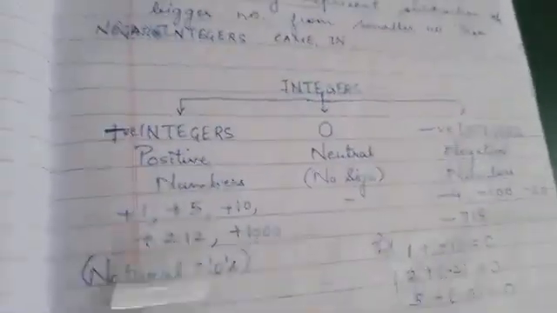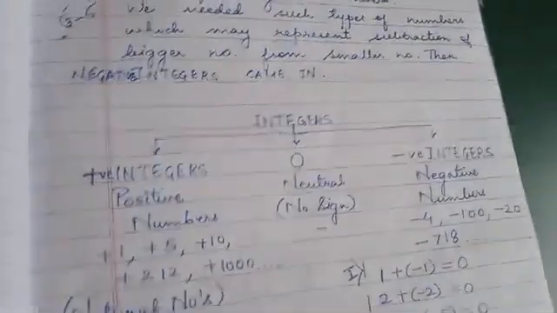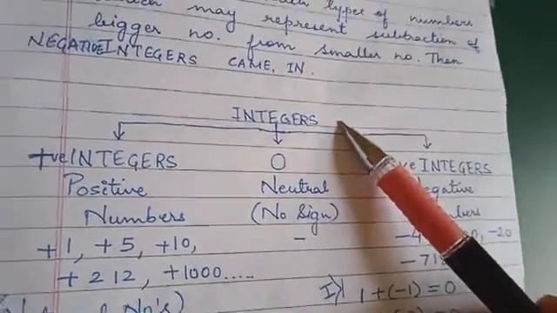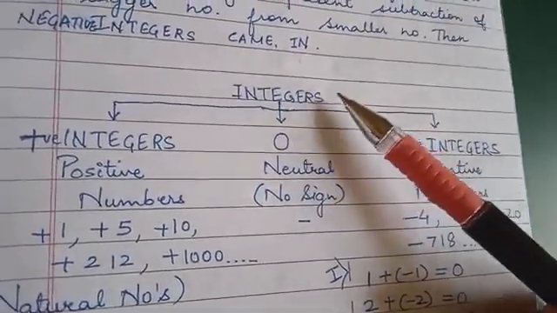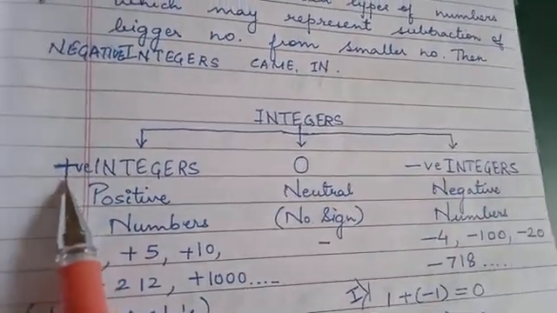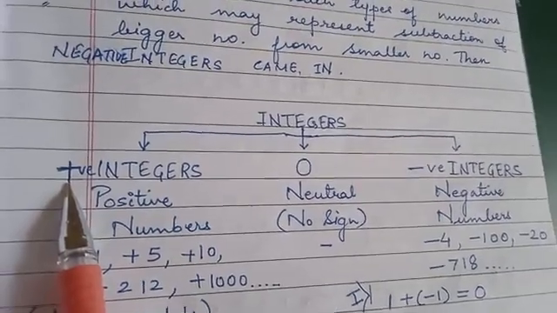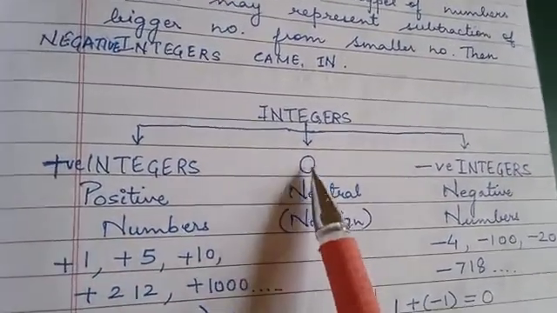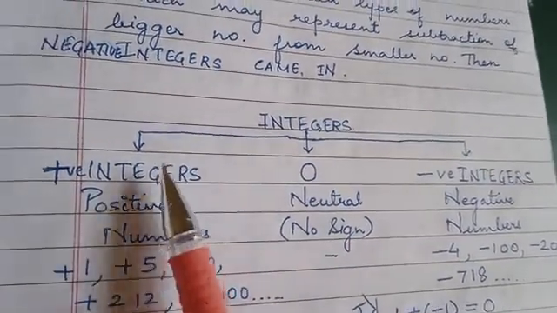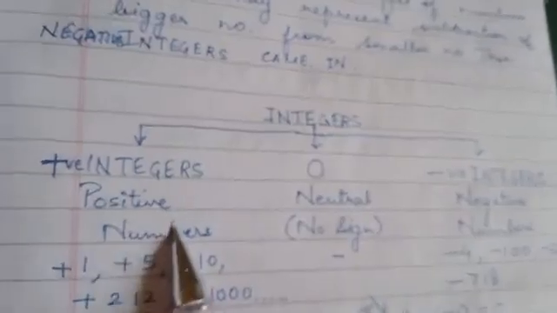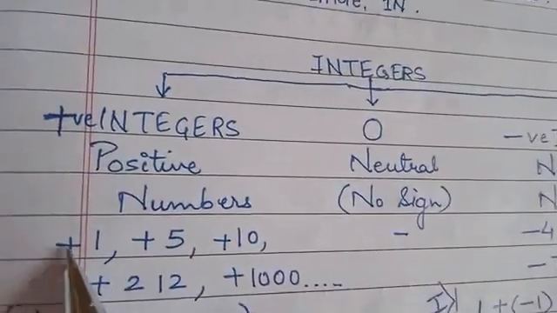So let's see what exactly integers are. Integers is a new word for you. You might have heard it here and there, but let's see in detail. Integers are numbers which can be positive, that is whole numbers, 1 onwards, 1 to infinity, all the positive numbers. Positive numbers have a plus in front.